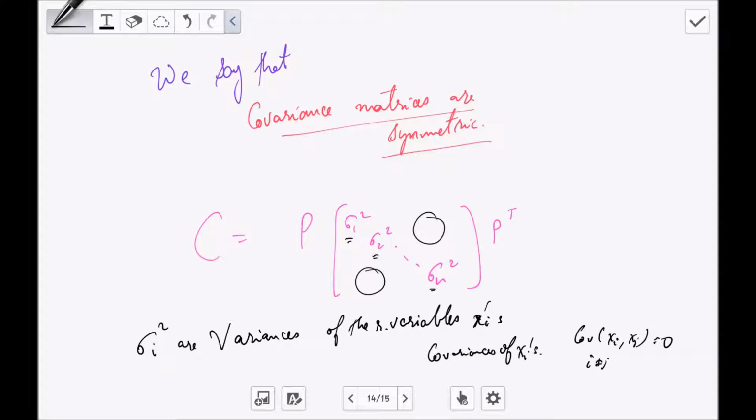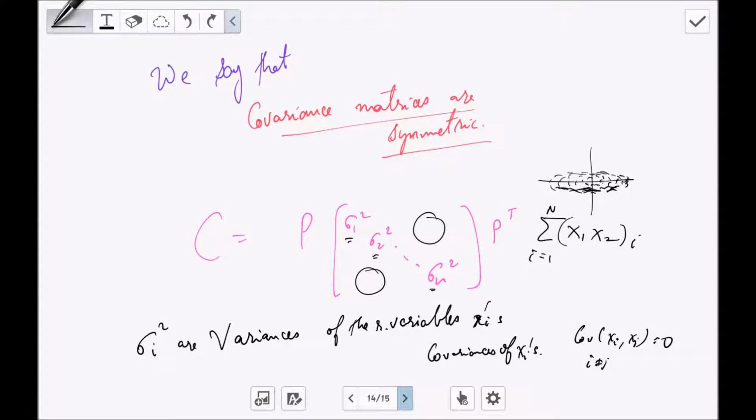How did we get this? Because we observed that in the two-dimensional case, this was how it looked. And we defined covariance as something which was x1, x2 summed for each i from 1 to number of samples, isn't that? And that was 0 for this case, and it was positive for this case.